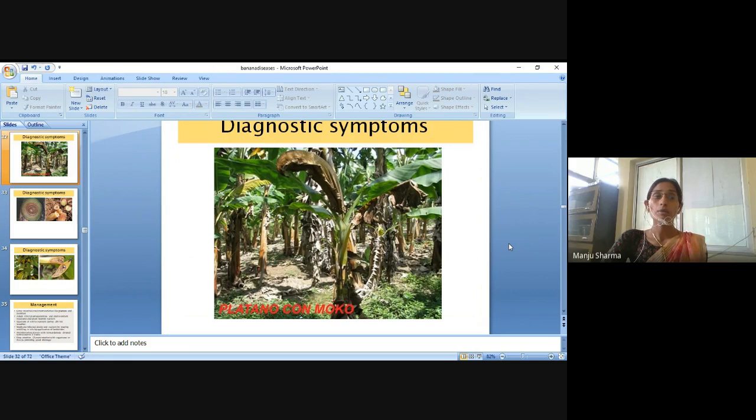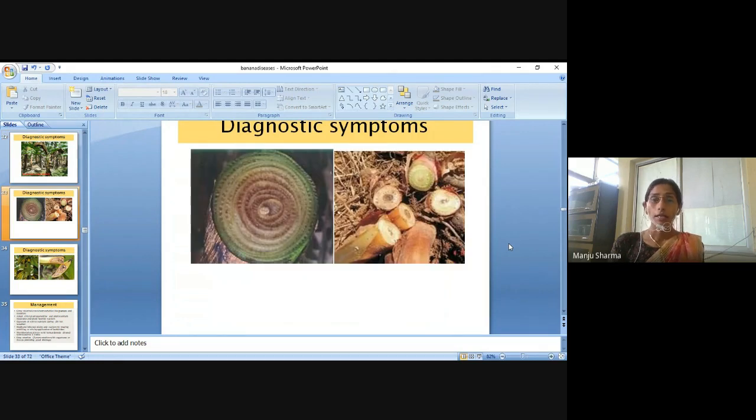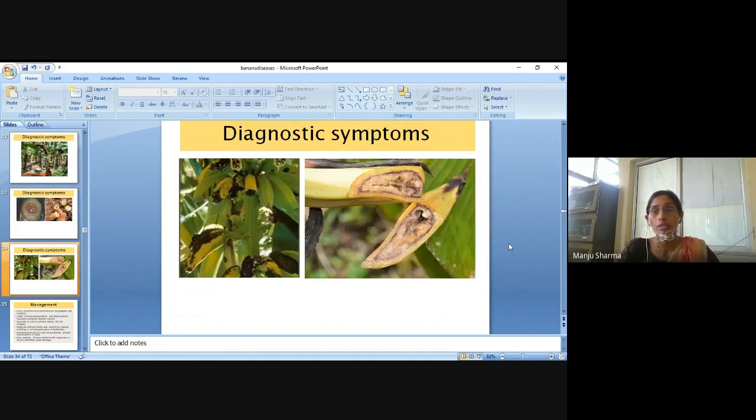So these are the symptoms of the wilt disease. The complete plant leaves wilt and dry completely, and after drying they fall down automatically. That's why production also decreases. Inside, this type of symptom appears whenever we cut the section.